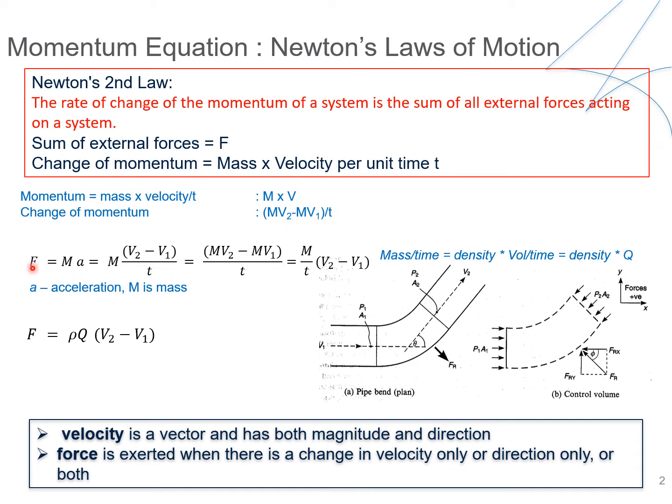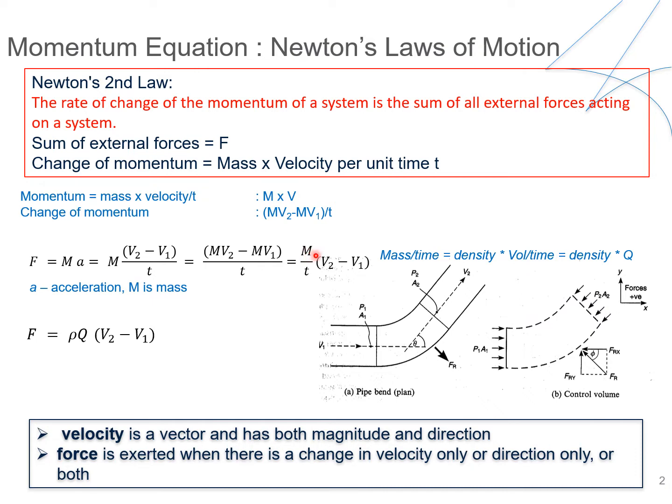We also know that force equals mass times acceleration. Acceleration is the change in velocity, which means (v2 minus v1) divided by t, and we get mass divided by t times (v2 minus v1). This is just a rearrangement of the terms, and we know mass is density times volume.